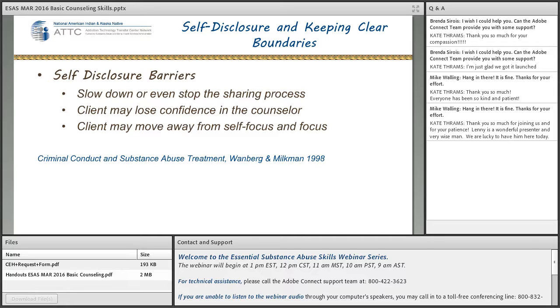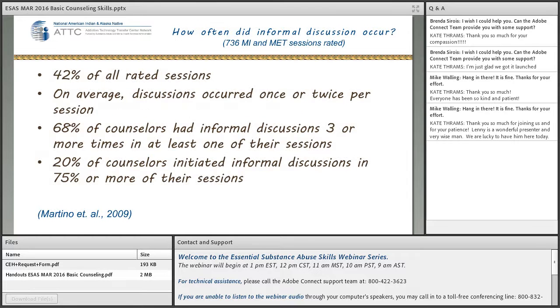They lost respect for the therapist or the counselor, or the counselor paid too much attention to him or herself, and so the relationship between the counselor and client was ruined. So it's really important to know your limitations.